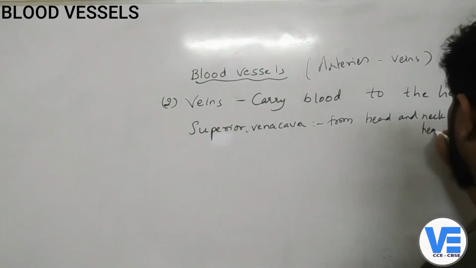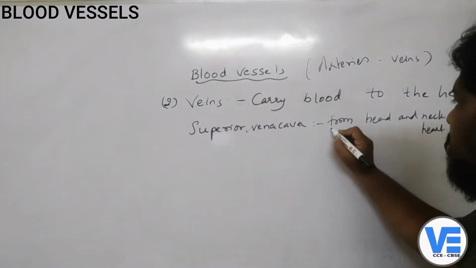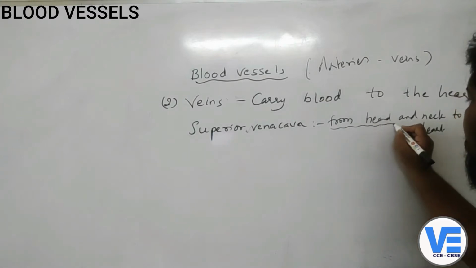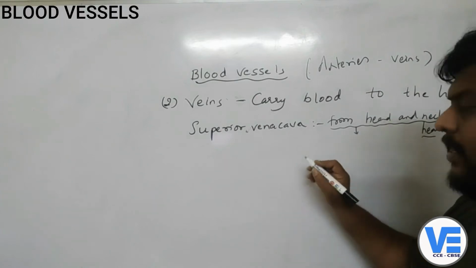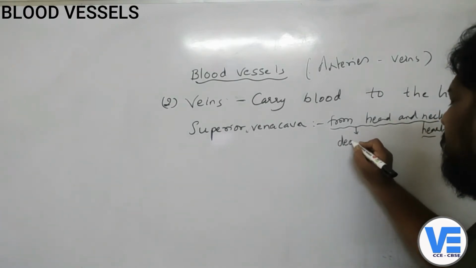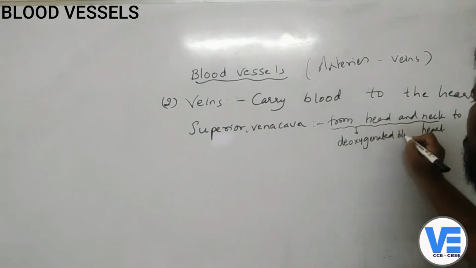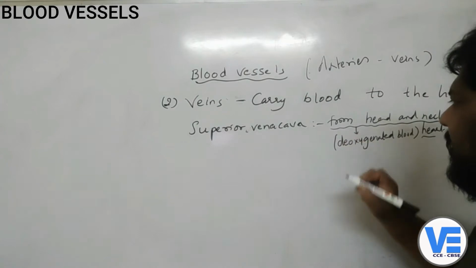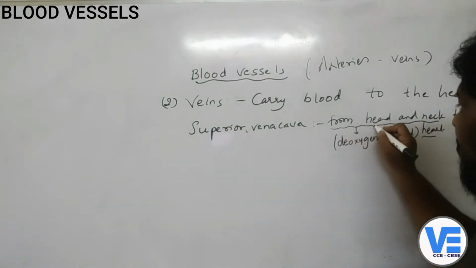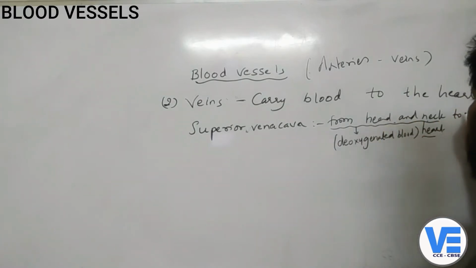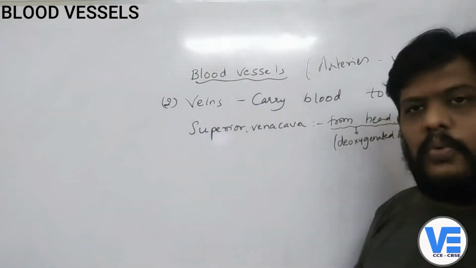If it is bringing something to the heart, that is the deoxygenated blood. So the superior vena cava is bringing the blood from head and neck to the heart. That is the major function of the superior vena cava.